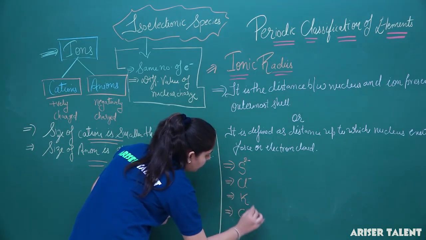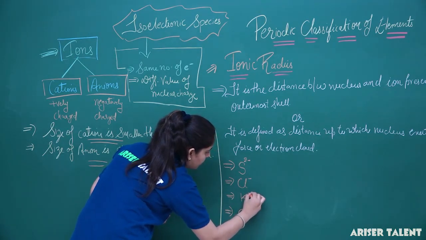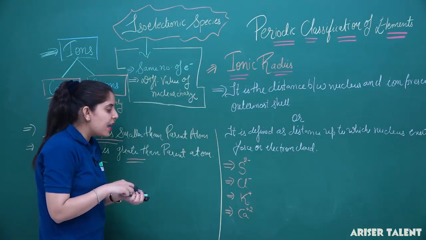After potassium we have calcium. So these are some of the isoelectronic species I have considered.